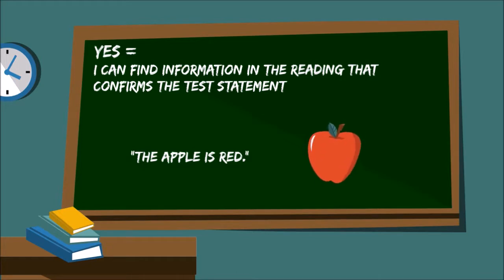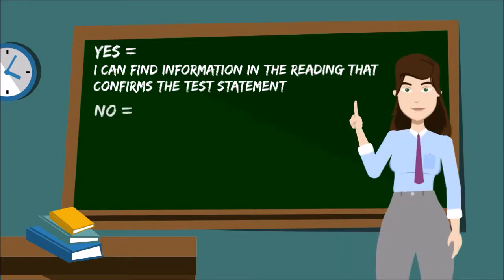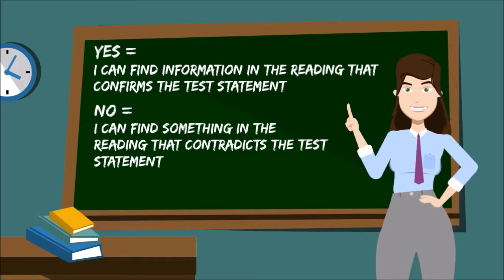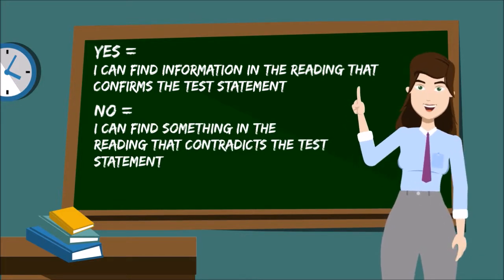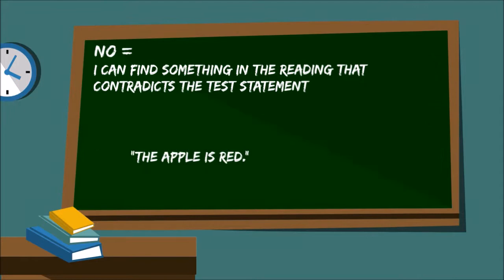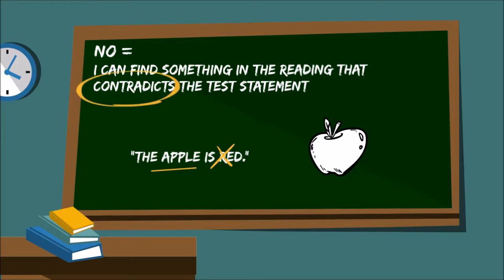Yes means that somewhere in the reading you can find information that confirms the test statement is true. No, I can find something in the reading that contradicts the test statement. If you find something in the text that shows you that the test statement cannot be true, then the answer is no.